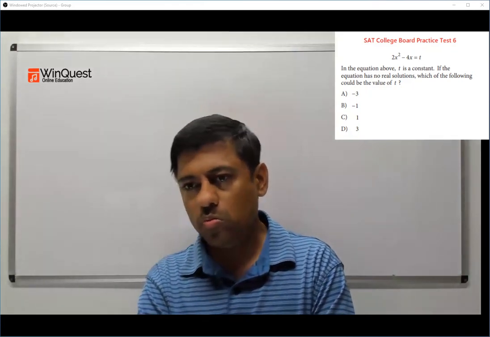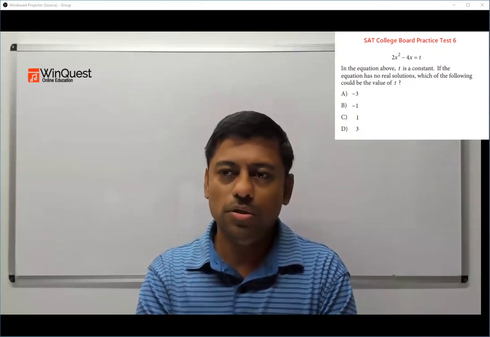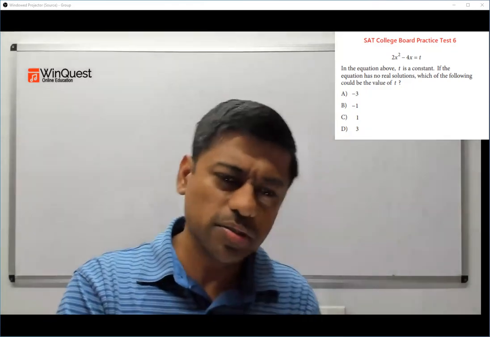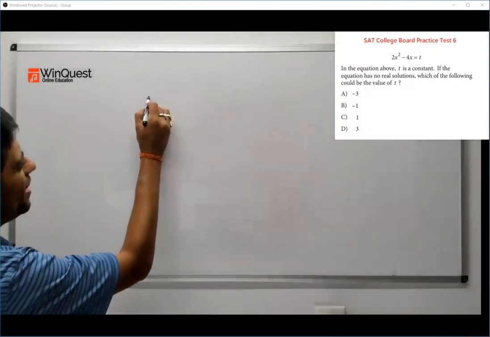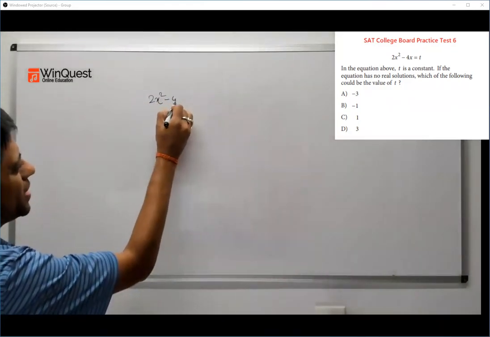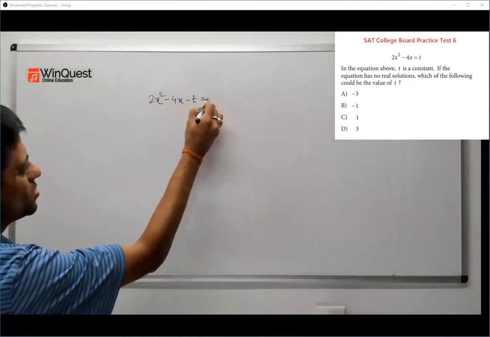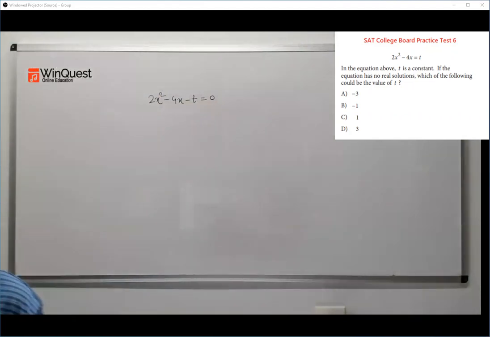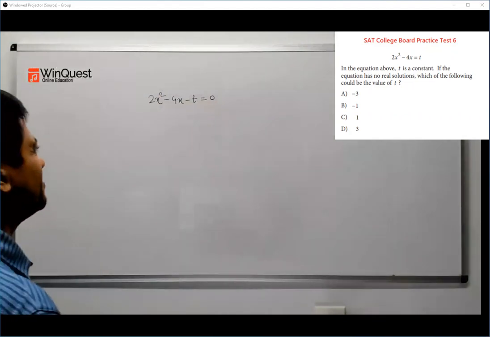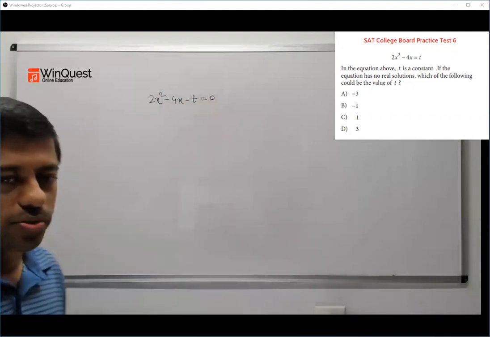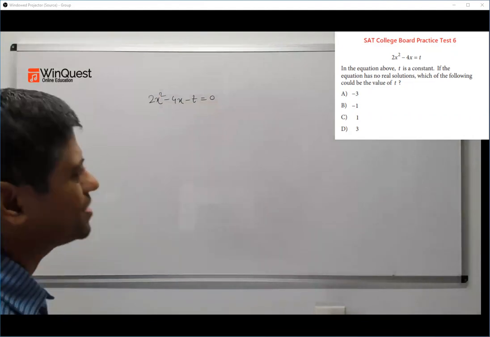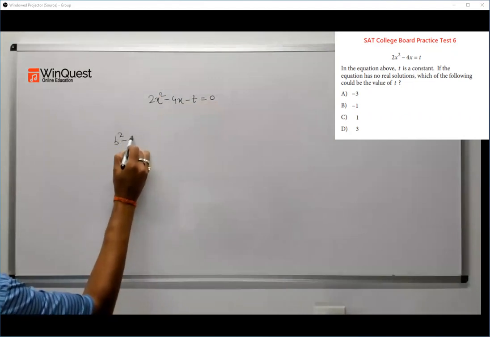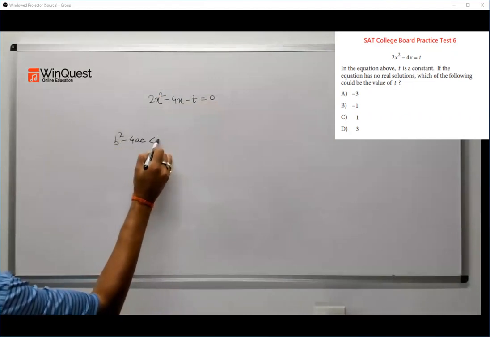I'm still thinking. Okay. So guys, here's a very clean thing. You already have this equation: 2x squared minus 4x minus t equals 0. No real solution means imaginary solution. Imaginary solution has a very particular condition. This, technically called the discriminant, has to be less than 0.